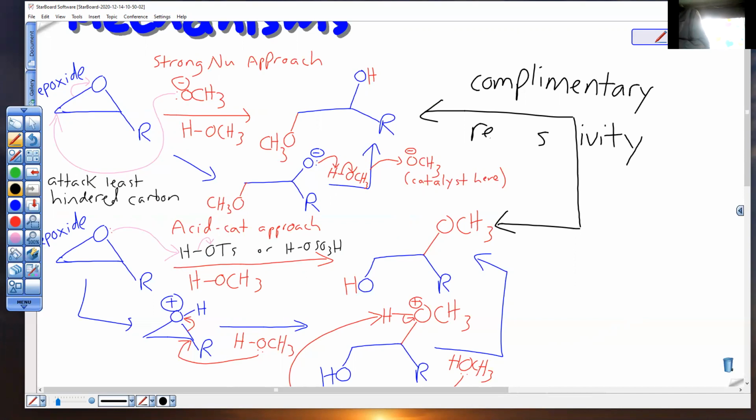Regioselectivity. They have complementary regioselectivity. Very interesting. And being able to do either thing with epoxides is important.